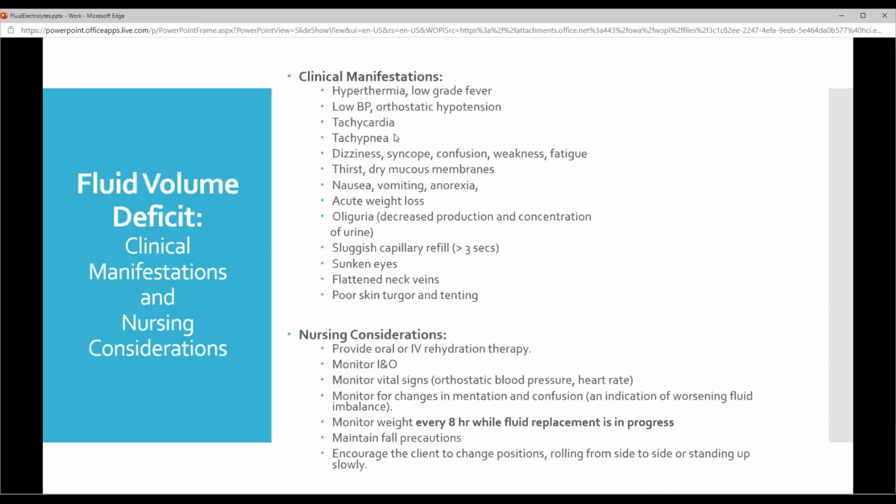And then with this, I mean, the signs and symptoms of dehydration, I think we know most of them, right? Skin tinting, they're going to be tachycardic because they have low volume. The heart's going to beat faster to try to keep that blood pressure up. They're probably not going to have any urine output, very little urine output, oliguria, nausea, vomiting.